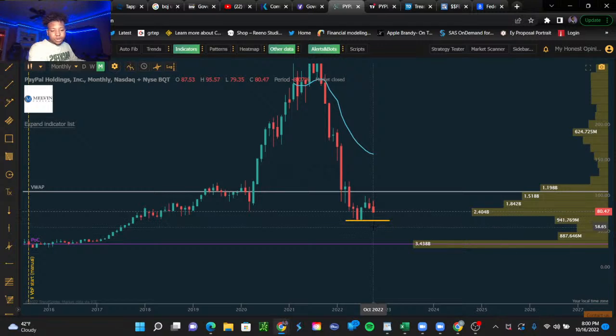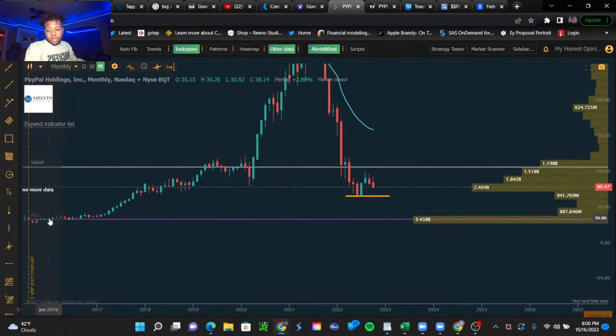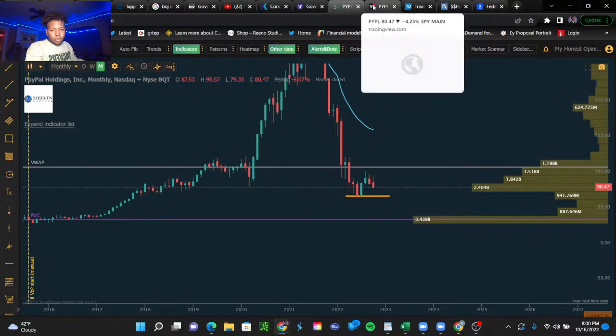If it breaks below there, this can serve as a vacuum, and then from that point, it's in limbo. I won't be surprised for it to get down here in a bad economic situation. It can get there, so don't rule it out. But at that point, you'll be trading back at 2016 levels. So don't rule it out.